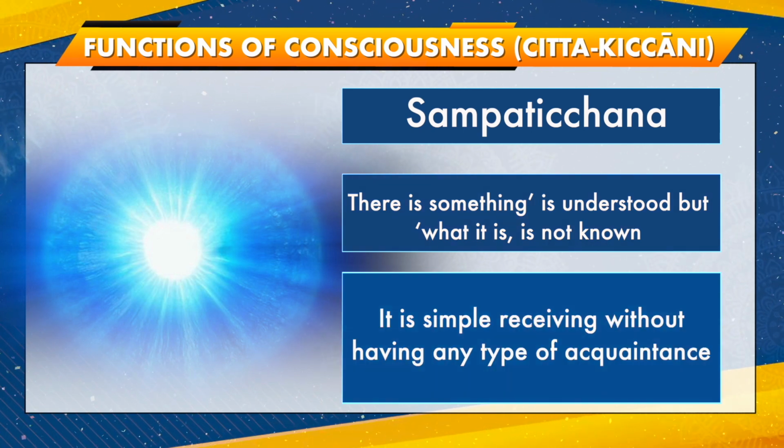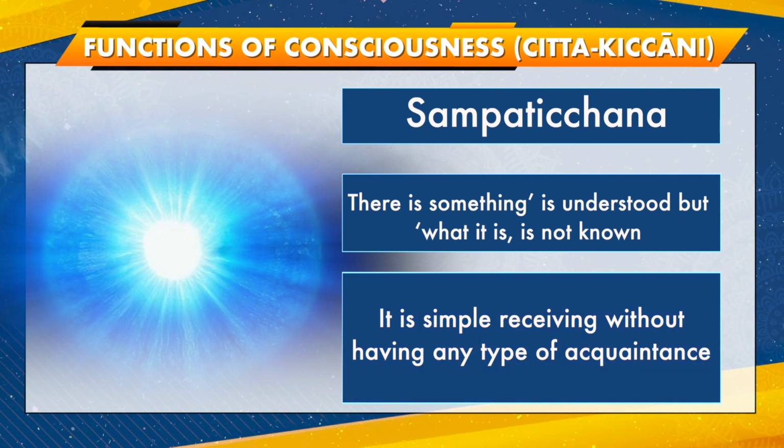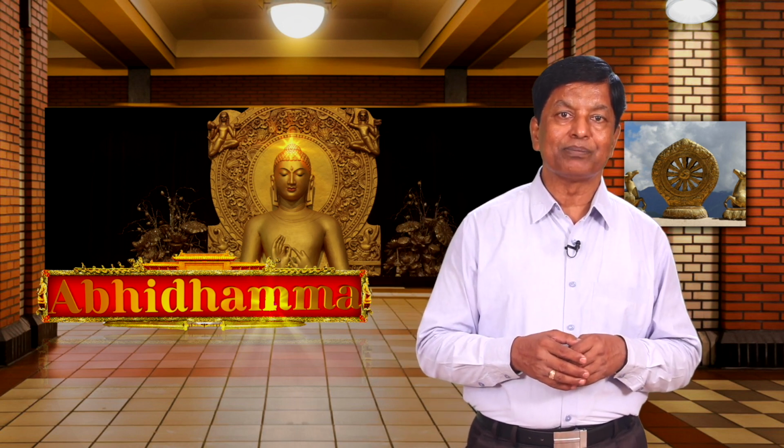It is simple receiving without any acquaintance. It is performed by two types of Sampatichana Chittas, namely Upekha Sahagata Sampatichana Chitta, Kusal Vipak and Upekha Sahagata Sampatichana Chitta, Akusal Vipak.